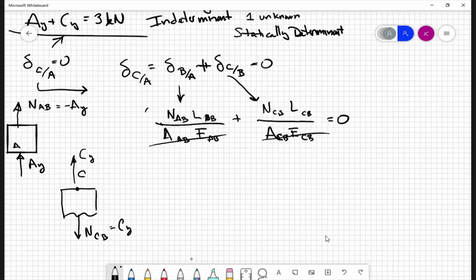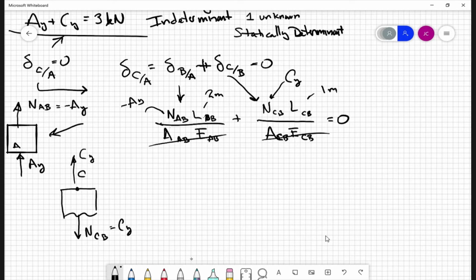NAB, we already figured that out. That is minus AY from this free body diagram. From the second free body diagram, we figured out the internal force in section CB is CY. We know the length of AB is 2 meters and the length of CB is 1 meter, okay?